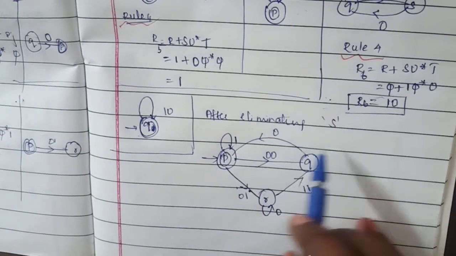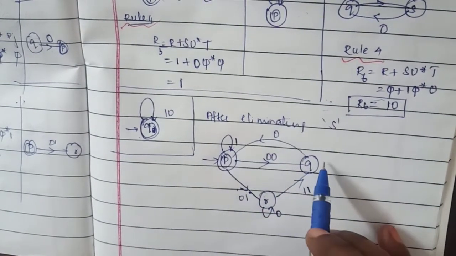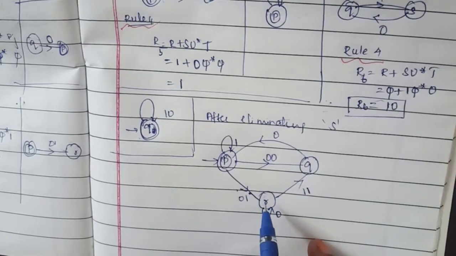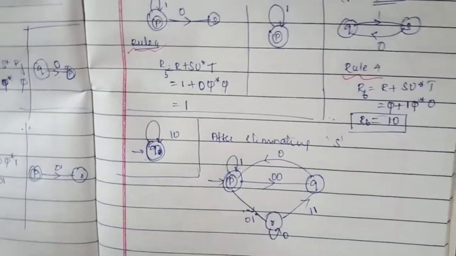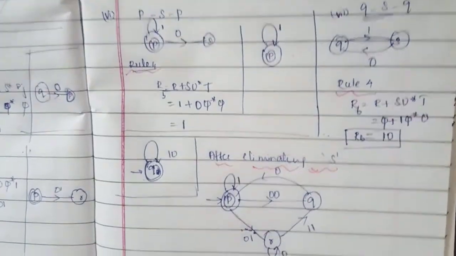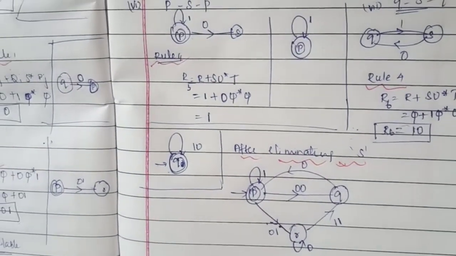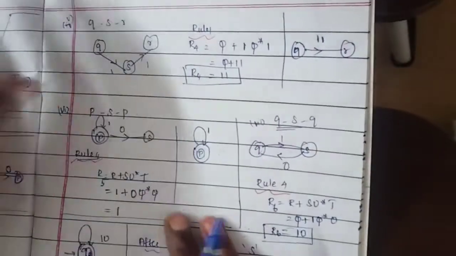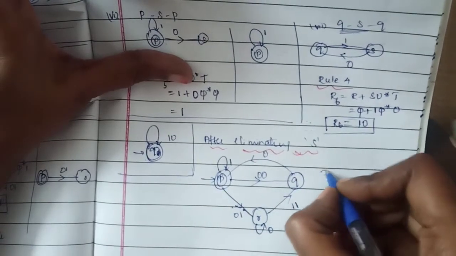Now after we find this one, we have to eliminate R. So this will be our second target. So now we are eliminating S. So after eliminating S, you are getting the diagram like this. Now we are going to eliminate R. So now the possible cases to be found out are to eliminate.